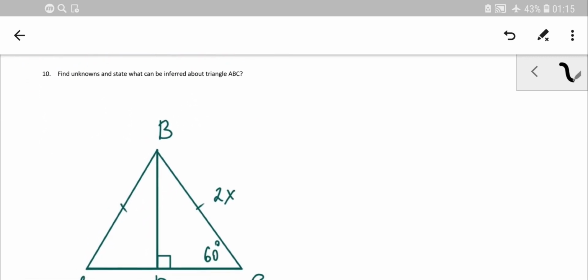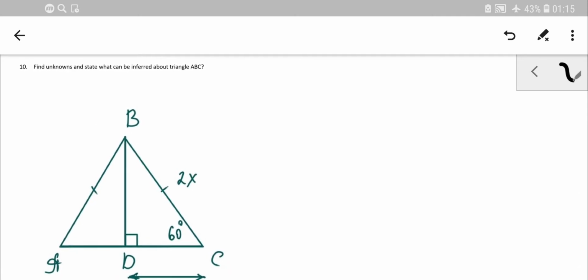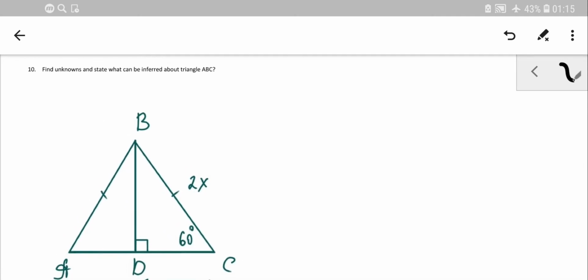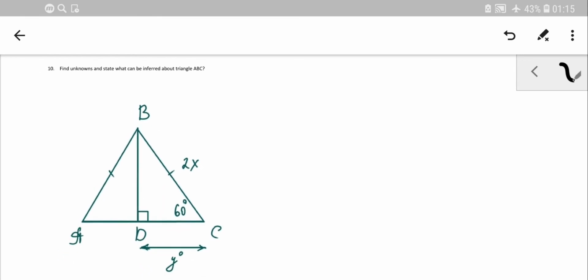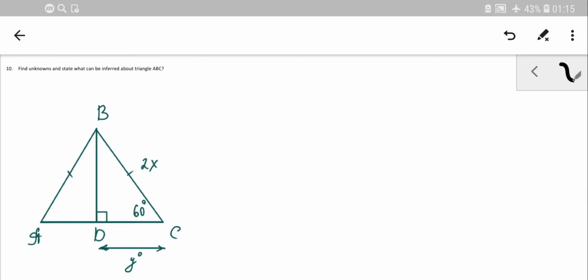Next one, 10. Find unknowns and state what can be inferred about triangle ABC. Okay, let's zoom out. We have two equal sides, so AB equals BC, so that's also 2x. And we have another variable y. We also know the angle is 60 degrees.